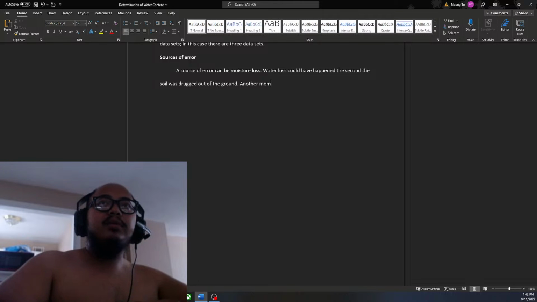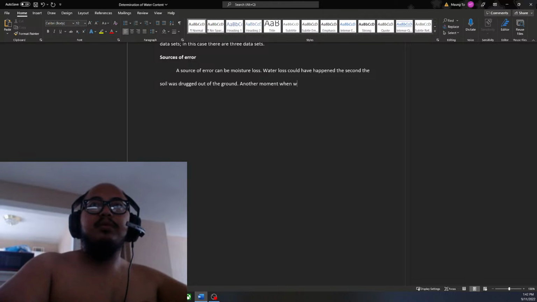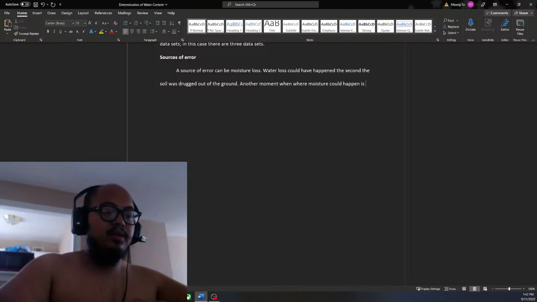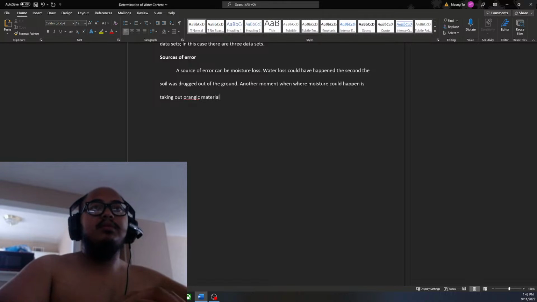Another moment where moisture loss could happen is mixing, cleaning, and taking out organic material and mixing the soil.